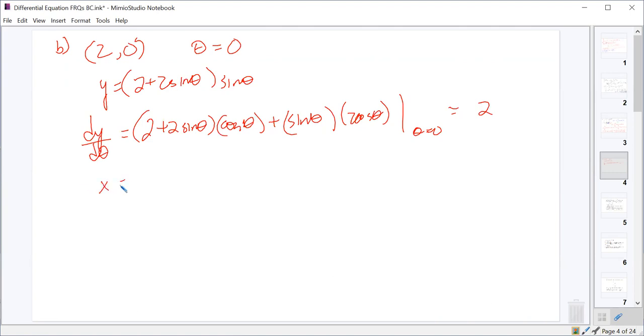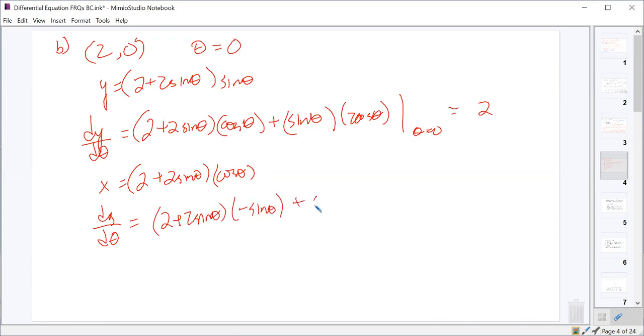And then x would have been 2 plus 2 sine theta times cosine theta, and so dx d theta ought to have been 2 plus 2 sine theta times negative sine theta plus cosine theta times 2 cosine theta. And at theta equals 0, what would you get for that? 2 plus 2 sine theta should be 2 times the 0, which is 0.